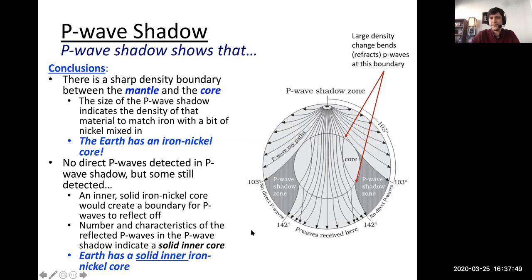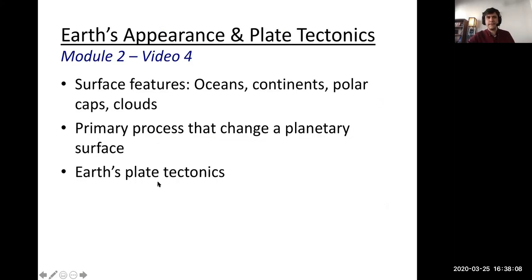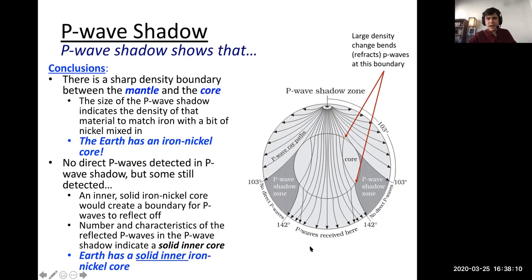So the fact that we have some non-direct P waves within the P wave shadow tells us that the inner part of the core is made out of solid metal. And again, we can use the information about that to determine its size. It goes from the center to about 1,300 kilometers out. That is how we determine the interior structure of the Earth.